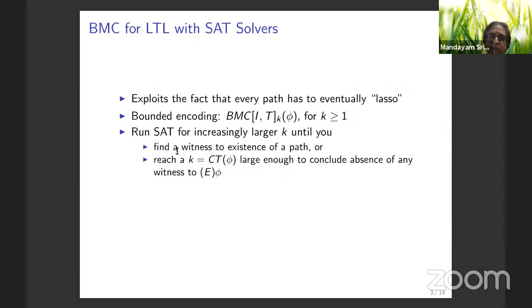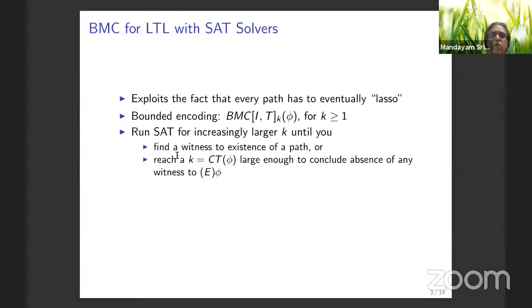Then we run SAT satisfiability on that for increasingly larger k, and the encoding is done in such a way that if there is a satisfying instance of the formula, that shows the existence of a path that satisfies phi.